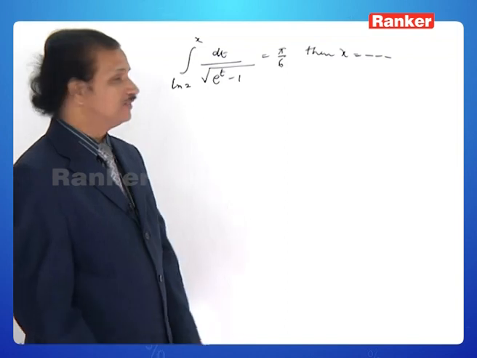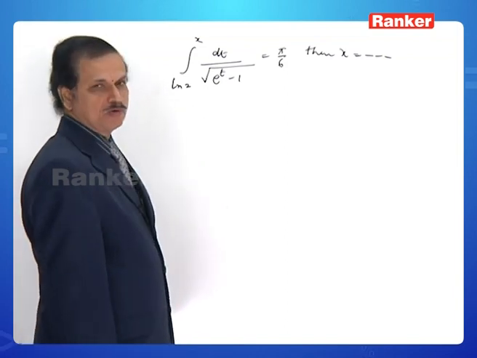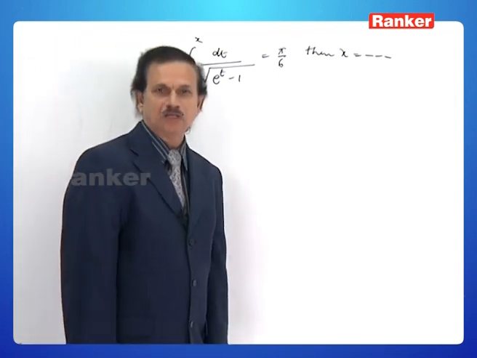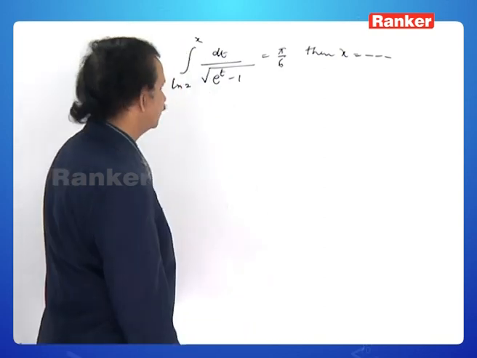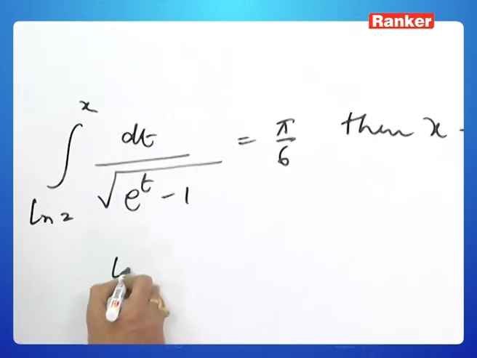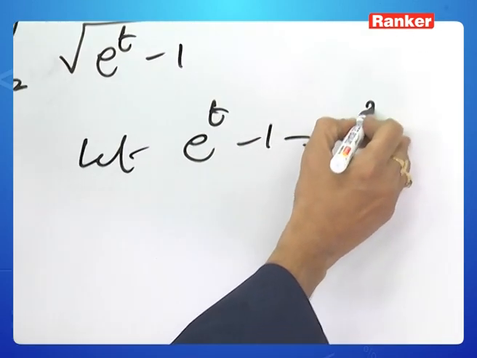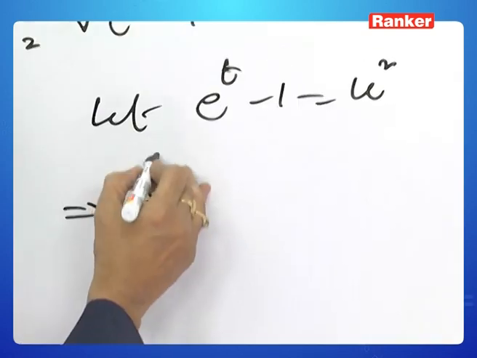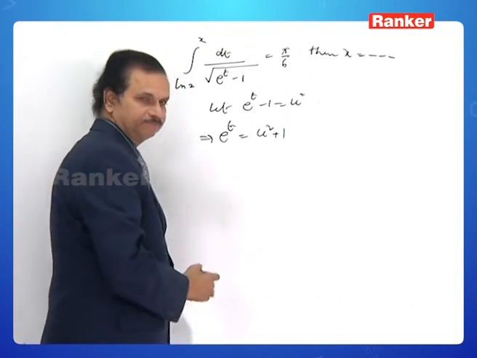The next problem is integral ln2 to x dt by root of e power t minus 1 is equal to pi by 6. Then x is equal to. Let e power t minus 1 is equal to u square. E power t is equal to u square plus 1.